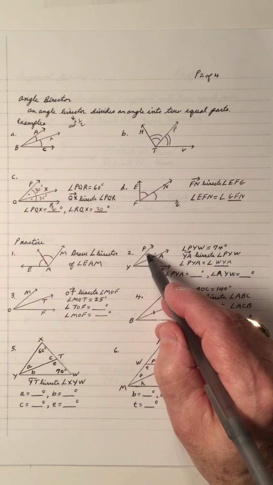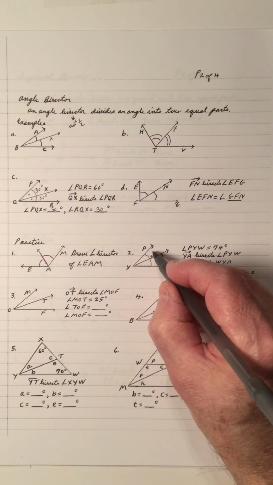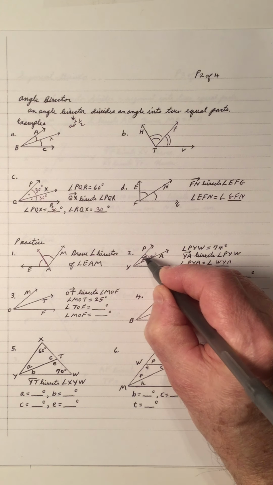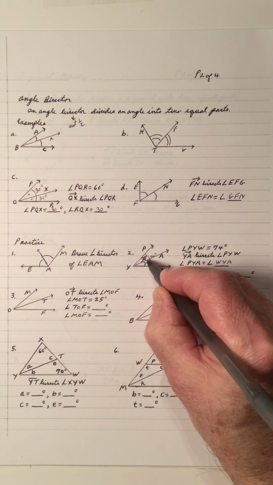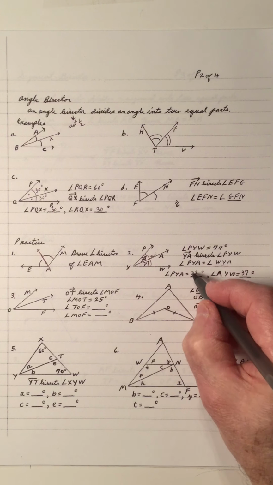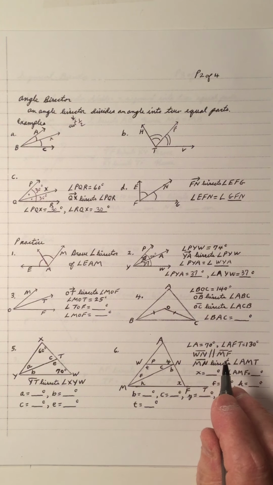And if this angle is 74, that means that this angle right here is, oops, 37, and 37. That's 37 there. So they're 37 degrees each, because half of 74 is 37.